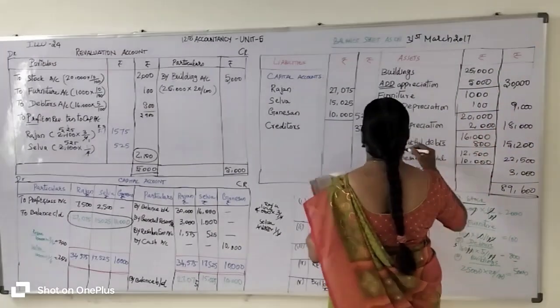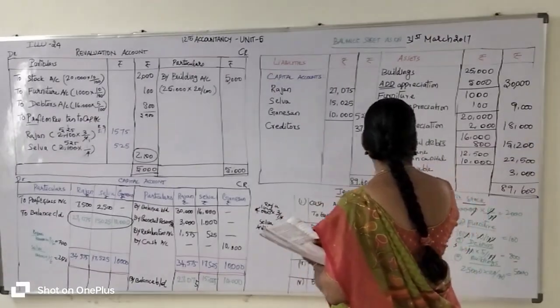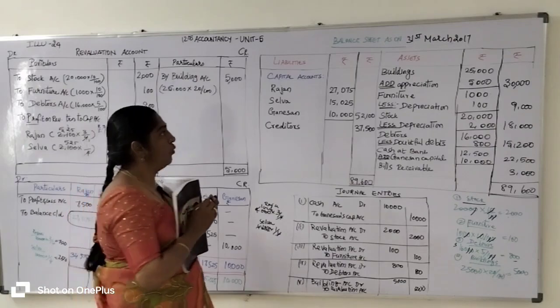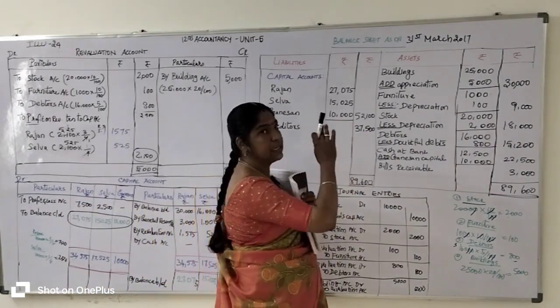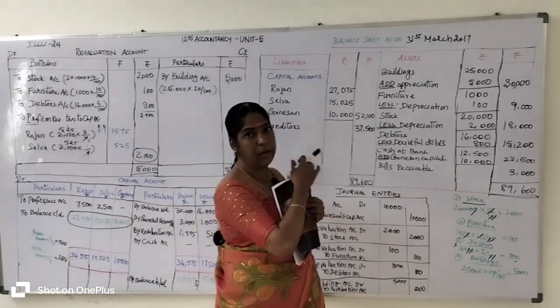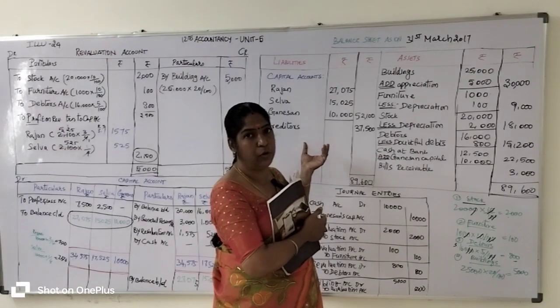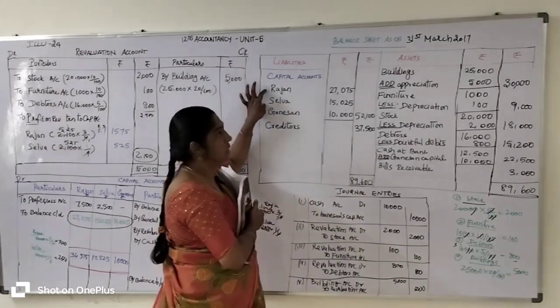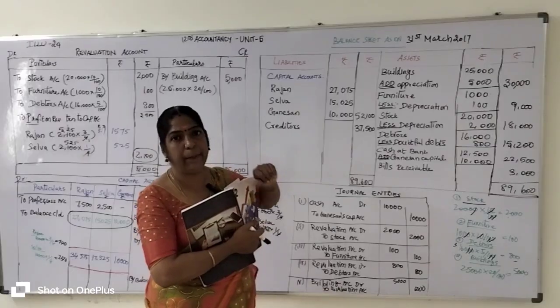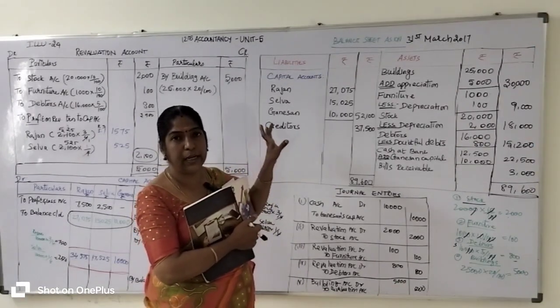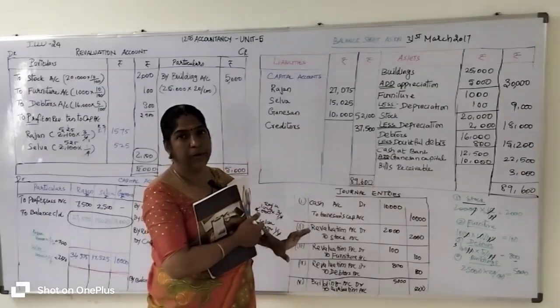Okay, listen, as per the format of the balance sheet, there are two sides, asset side and the liability side. Always start with the liability side, it will be easy for you. On the liability side you always start with the capital account. First item is you are going to write capital account on the liability side.